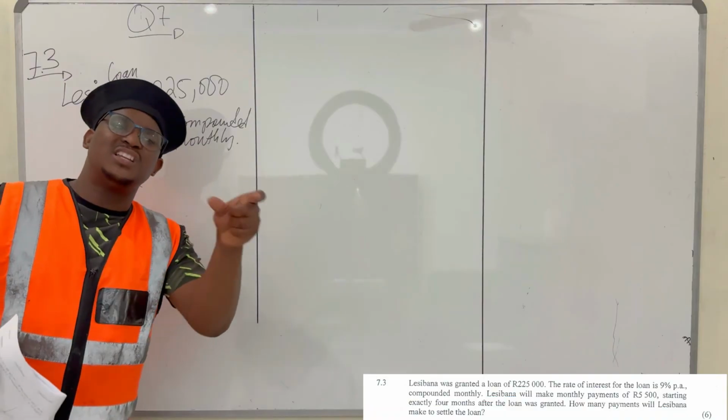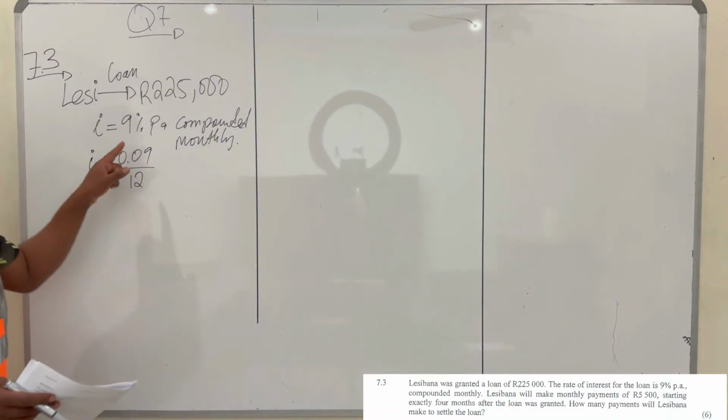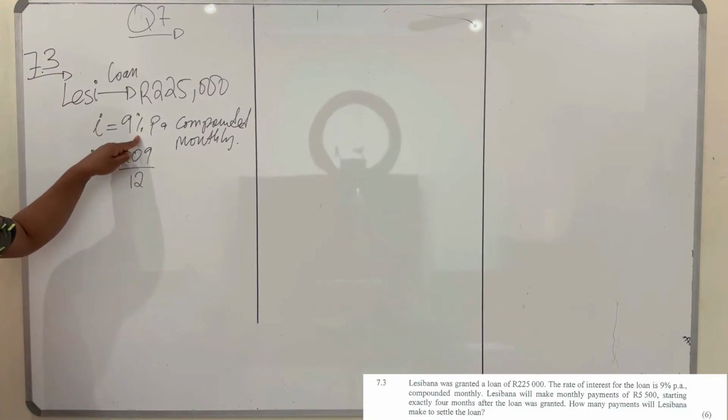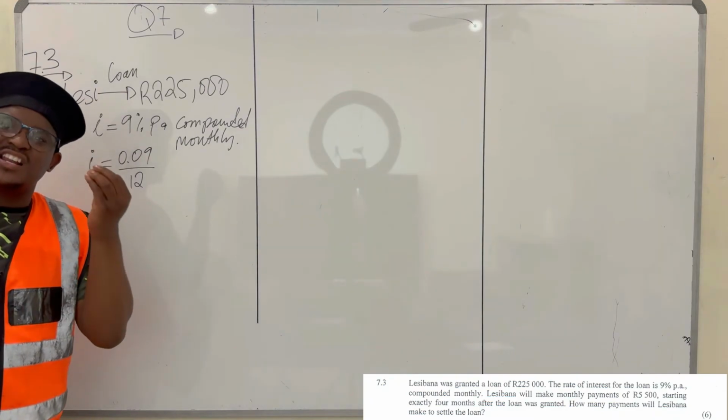That is what I'm doing. But all of those monthly interests will add up to 9% at the end of the year, because you are charging 9% per annum. So the answer to this gives you the interest rate per month.